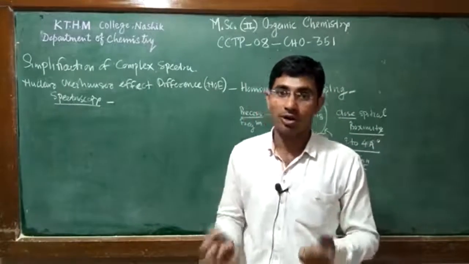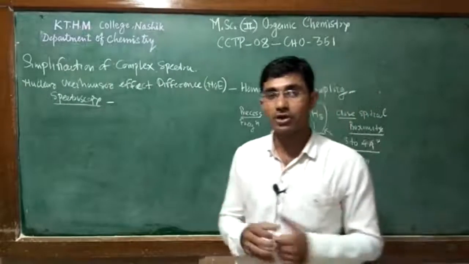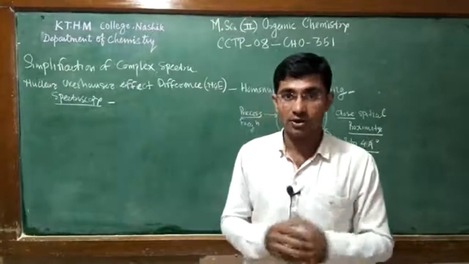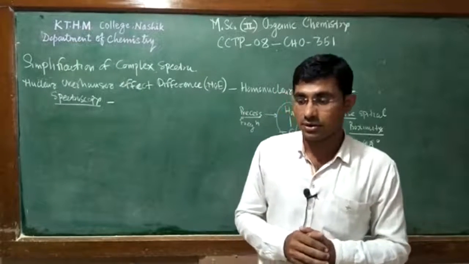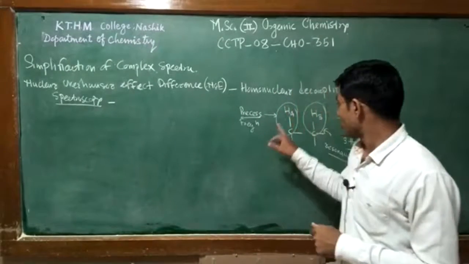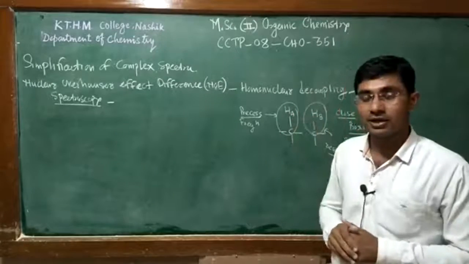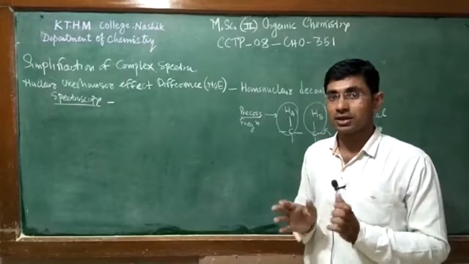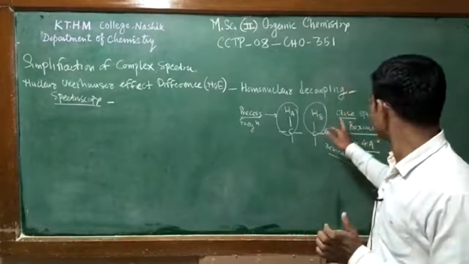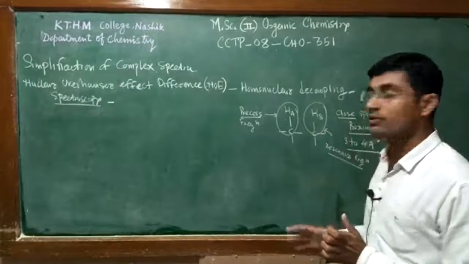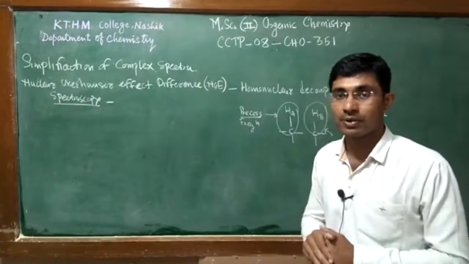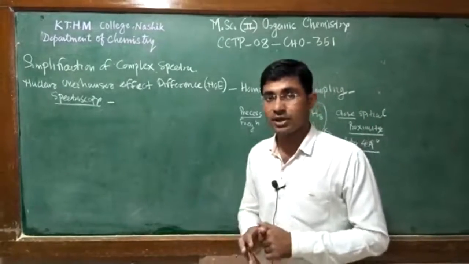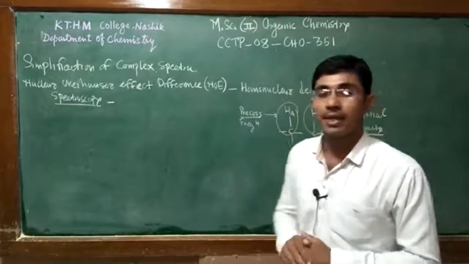Because of this mutual transfer of energy, they relax one another. So these two nuclei, proton HA and proton HB, interact by the dipolar mechanism because they are in close spatial proximity, within a distance of 4 angstrom. They relax each other, showing the dipolar relaxation effect.